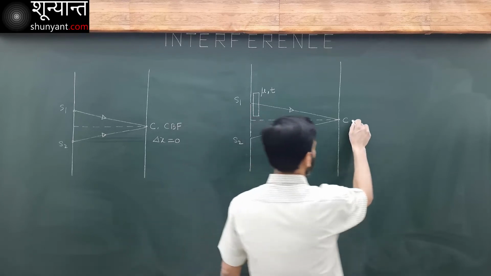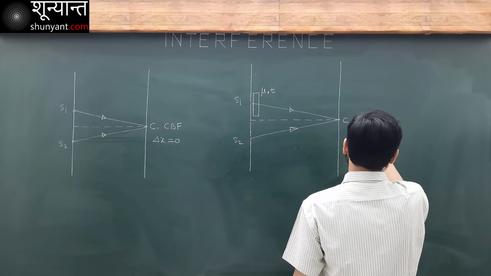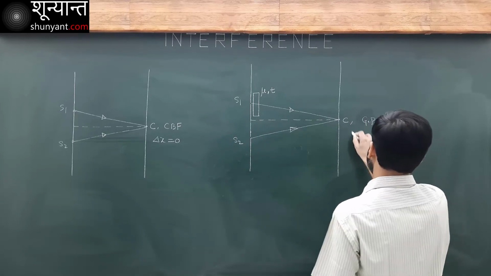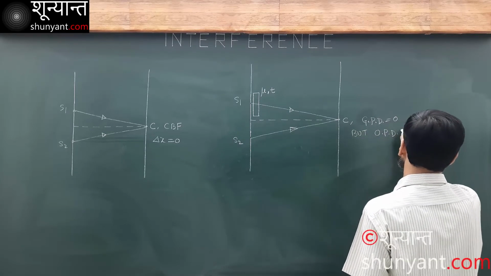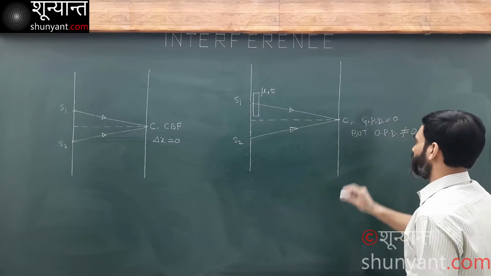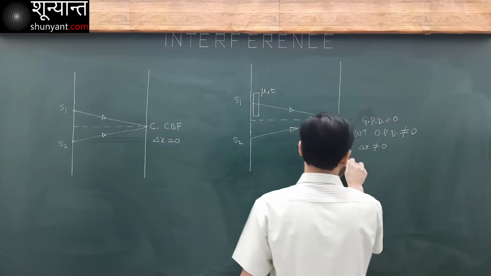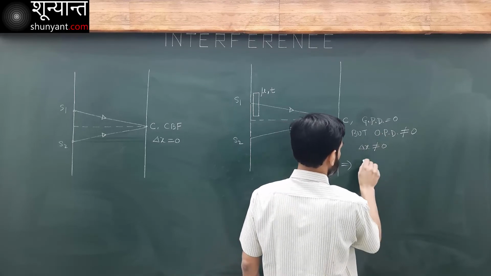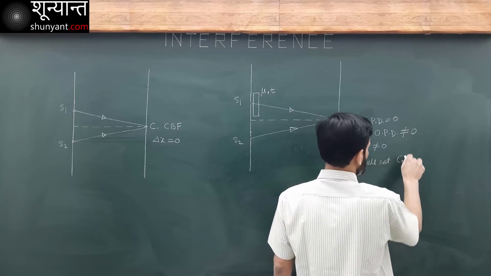The geometrical path difference is 0, but the optical path difference delta x is not 0. So we will not get the central bright fringe.